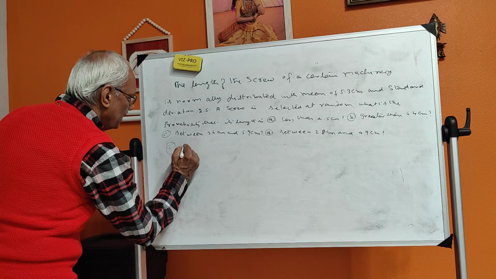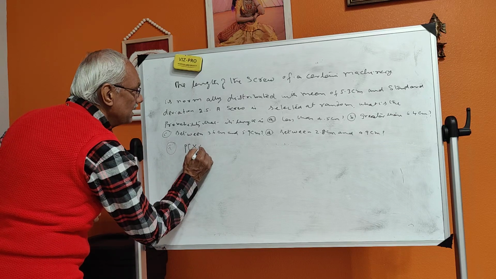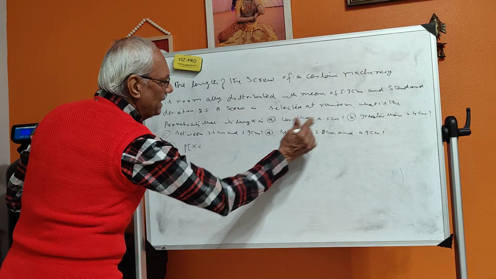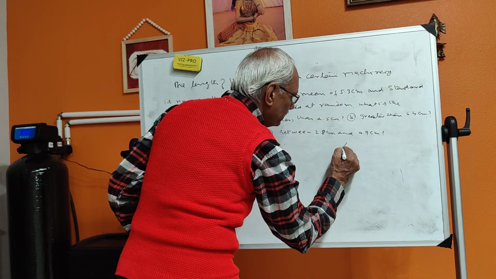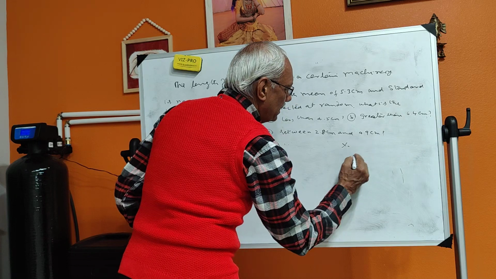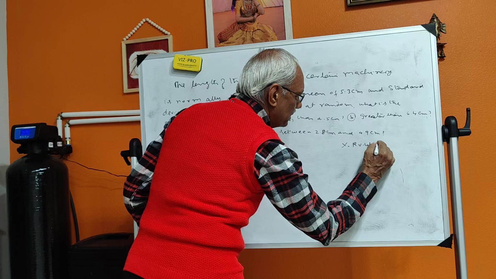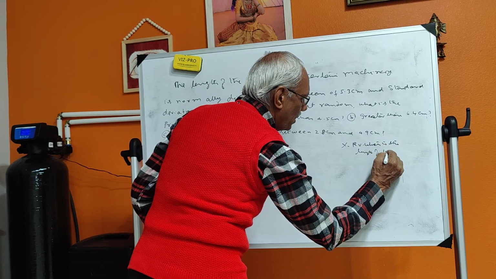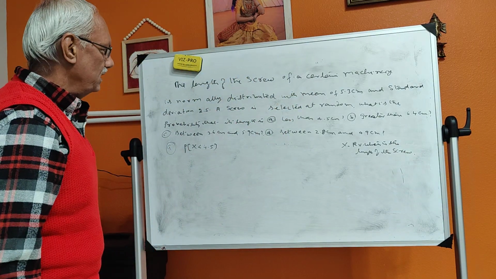P of x less than 4.5 centimeters. Here x is the random variable which is the length of the screw. So it refers to the length of the screw.